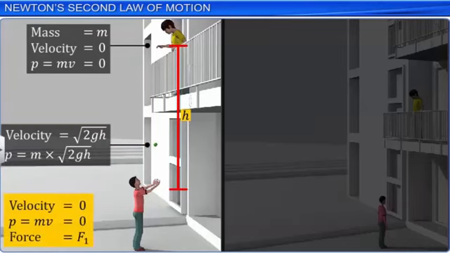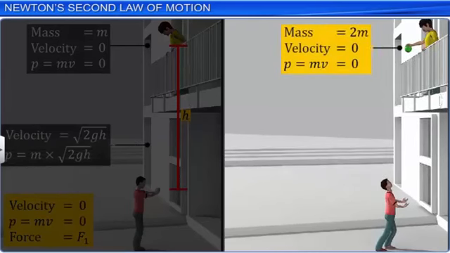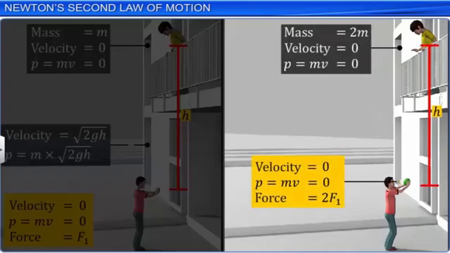A boy standing on the ground below catches the ball by using a force F. The momentum of the ball becomes 0 during the process of catching it, as it comes to rest. Another ball of mass 2m is dropped from the same height. This time, the force required to catch the ball is 2F.